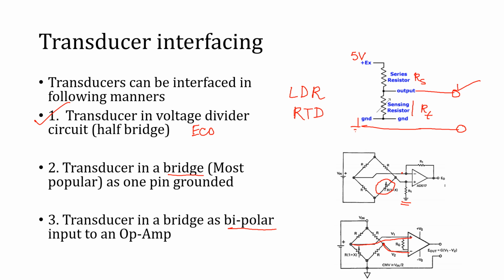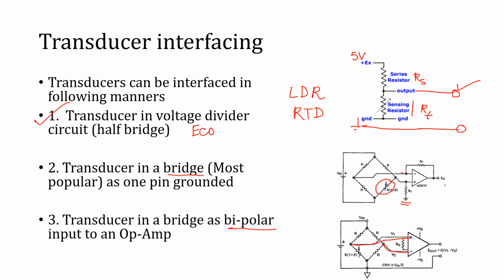One is connected at the positive, that is the non-inverting terminal, and the other output pin is connected to the inverting terminal. In the previous case, we connected one pin to ground, so we call it a one pin input, that is, one pin of the output is connected to the ground.